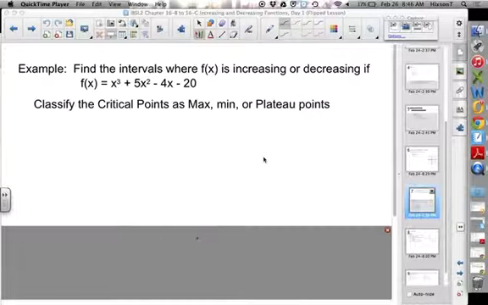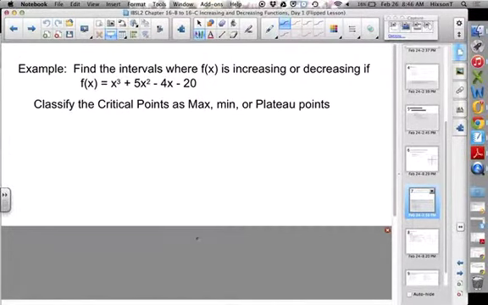So I know that the general trend is going to go from left to right, it's going to go up. So it's going to look something like this. Just like a line with a positive slope goes like this, a cubic with a positive leading coefficient is going to trend upward.